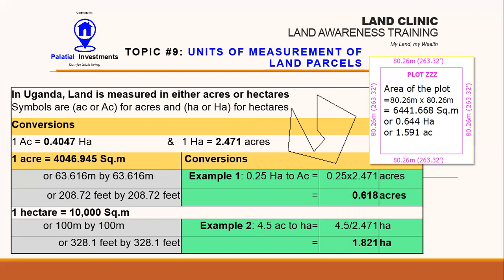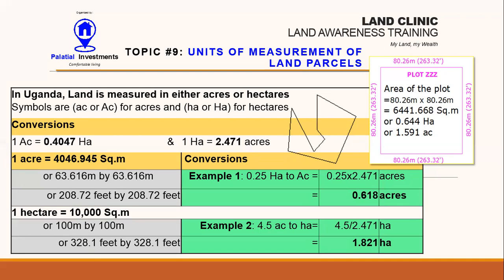Now, what is an acre in form of square meters? Because you first calculate the area in square meters before you take it to the acres. An acre is equivalent of 4046.94 square meters. That is an area of around 63.6 by 63.6 meters.